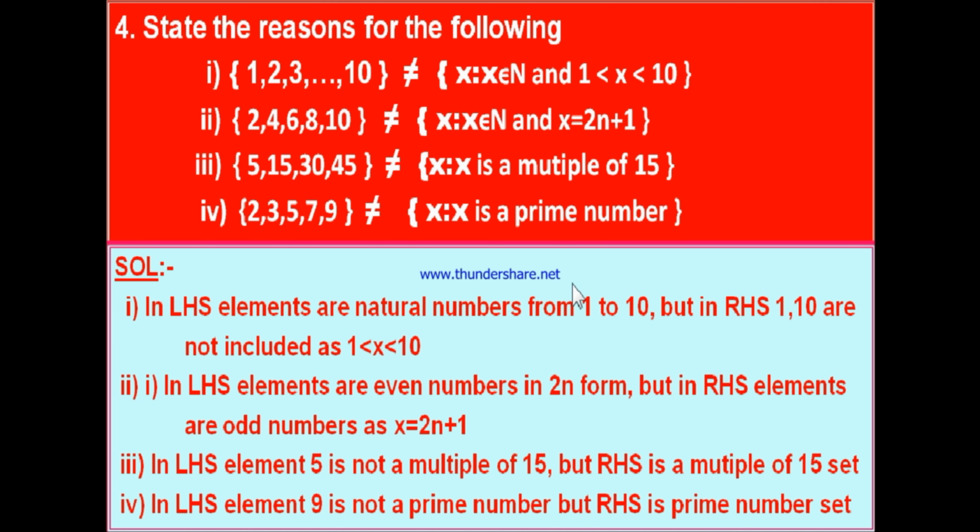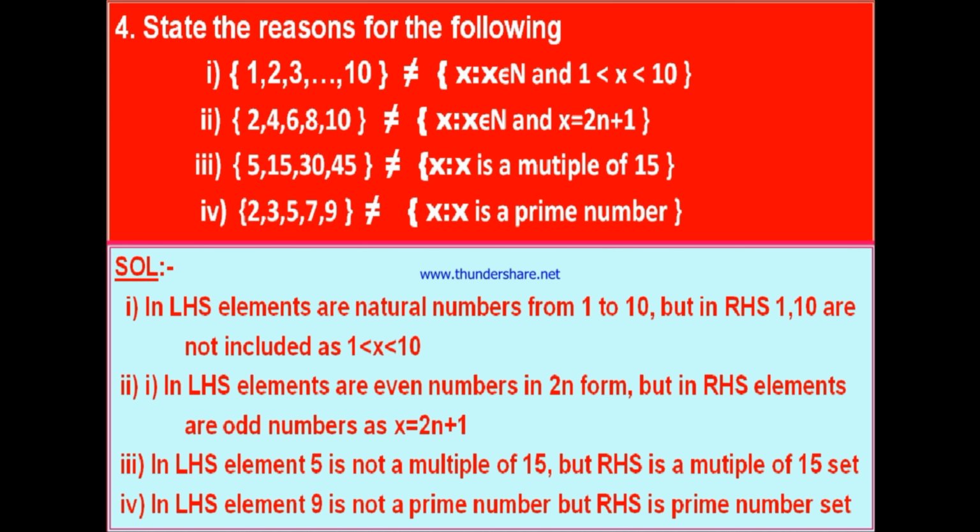Do you know what is a prime number? When can you say that a number is prime? Good. If a number has only two divisors, only two factors, then that number is called a prime number.